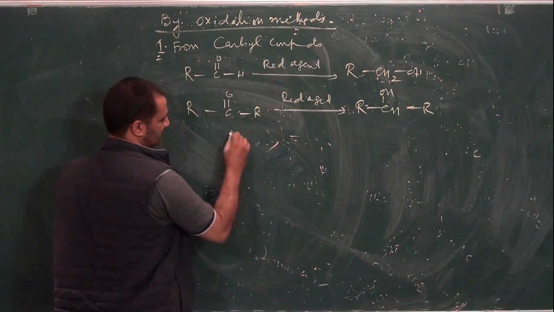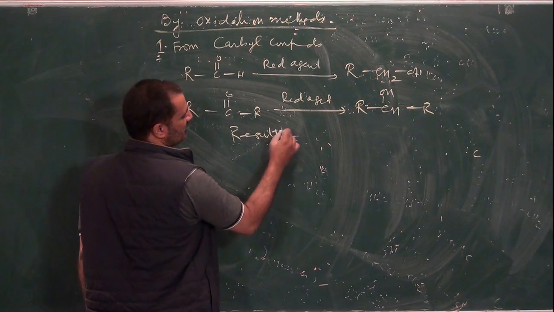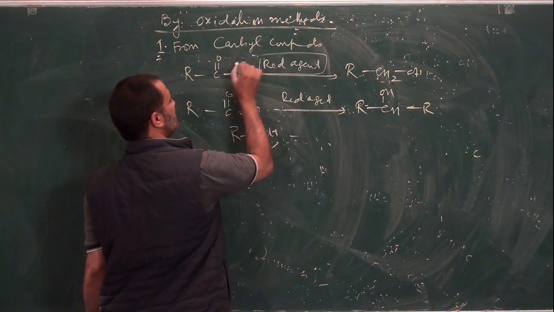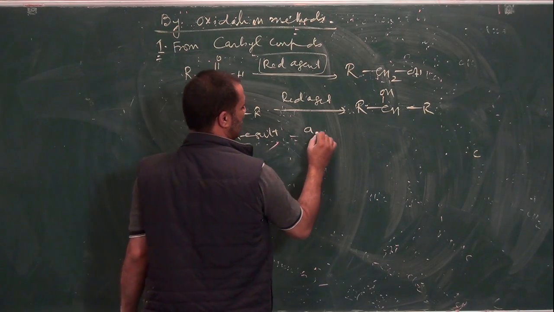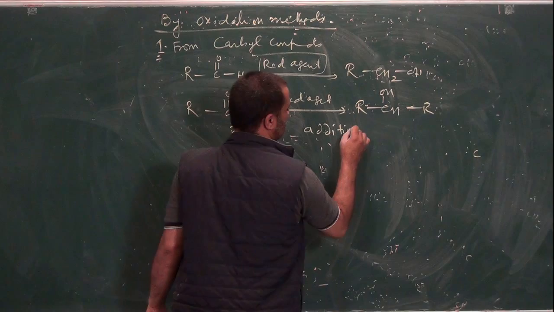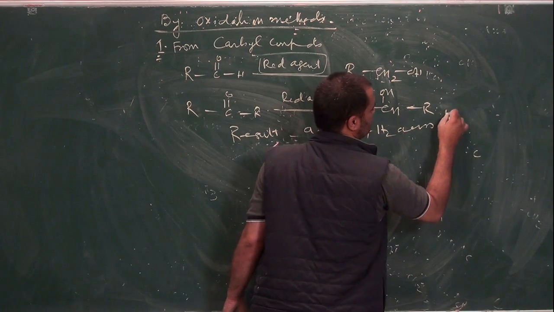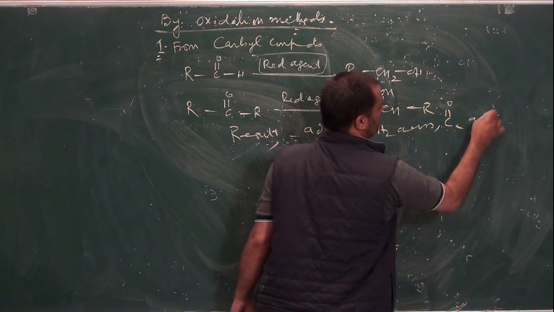What is the result? The result of the reaction is addition of hydrogen, which comes from the reducing agent, across the carbonyl group. So addition of H2 across the C=O group, the carbonyl group.